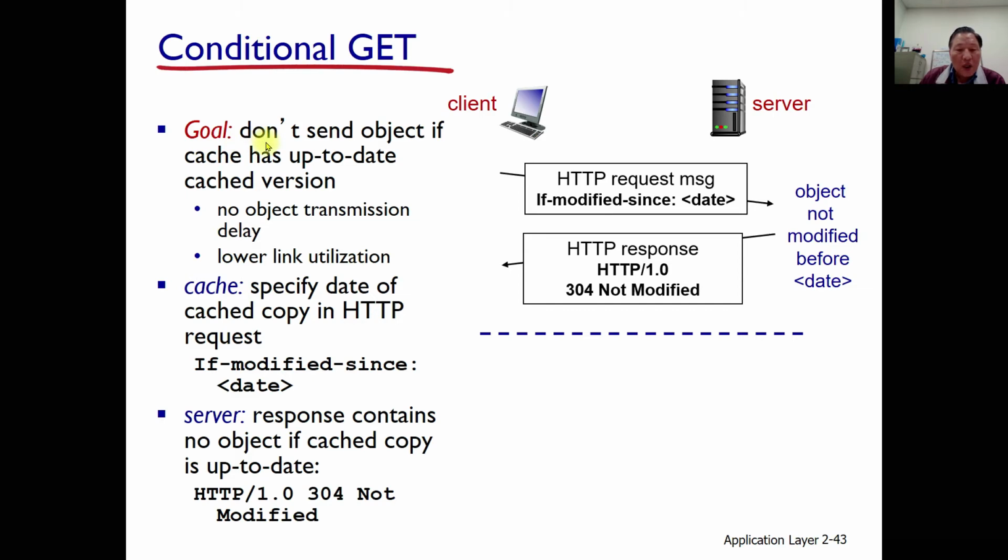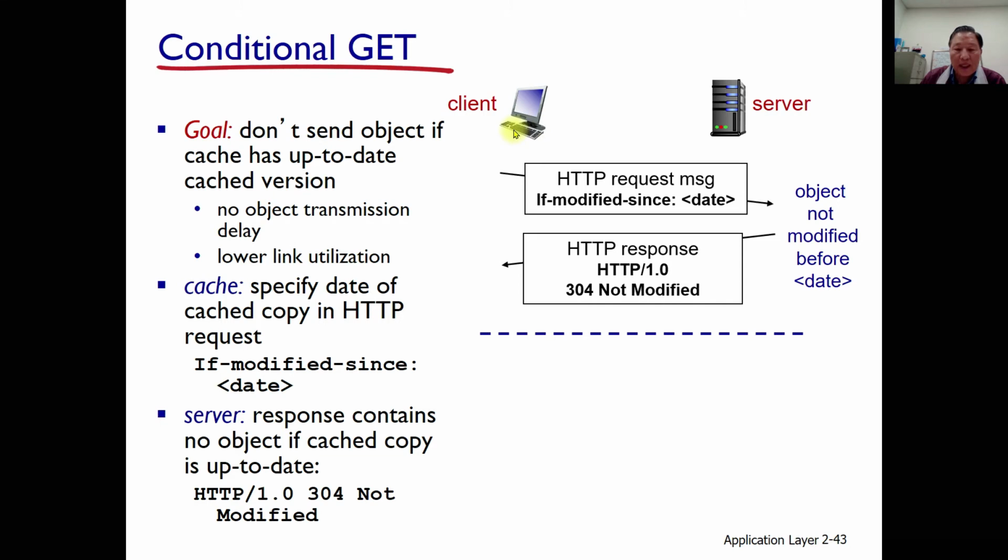The goal is we don't send the object if the cache has an up-to-date cached version. The buffer here, you can think of the buffer instead of cache memory, a cache server, because the cache buffer is being used here in the client, and even in the cache server or proxy server.